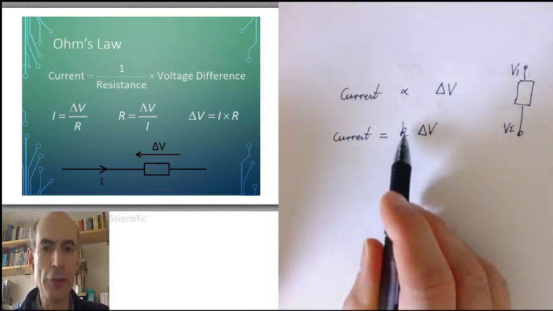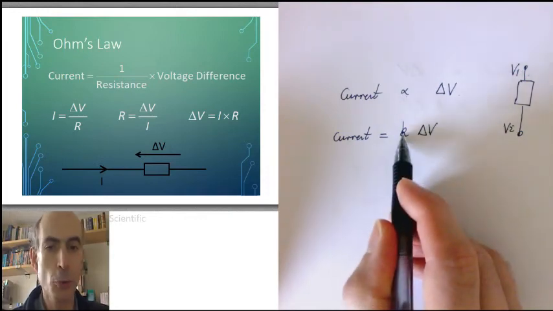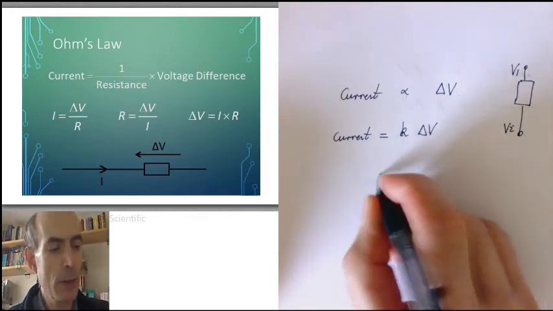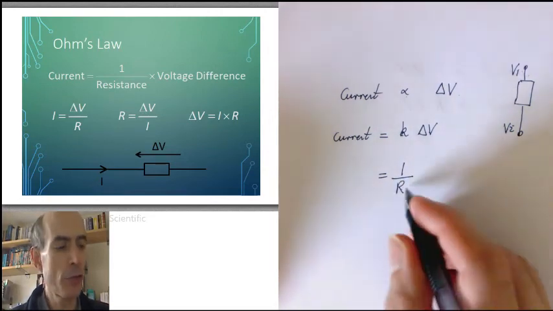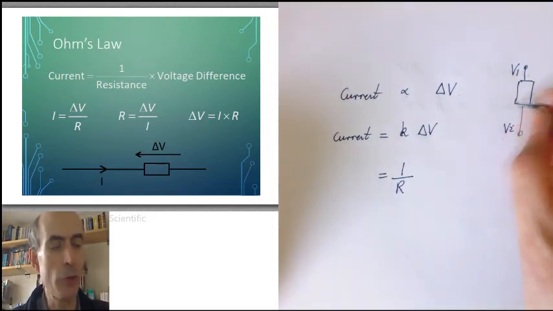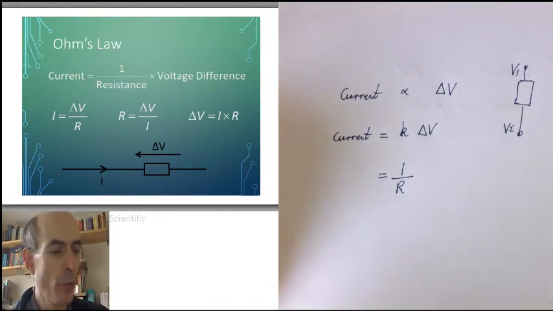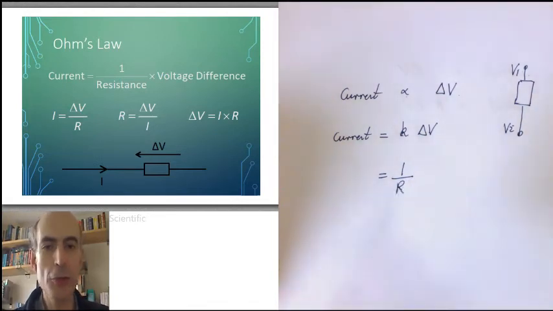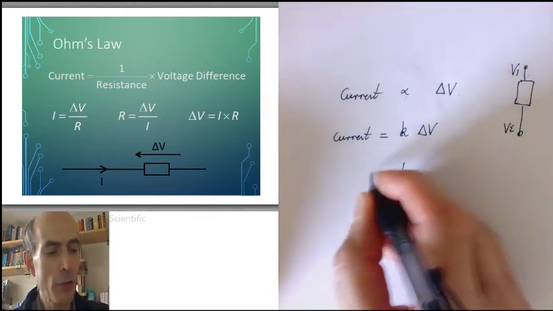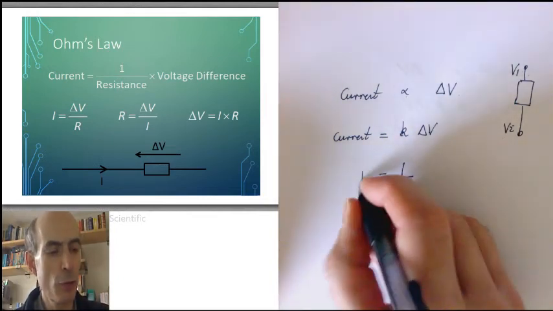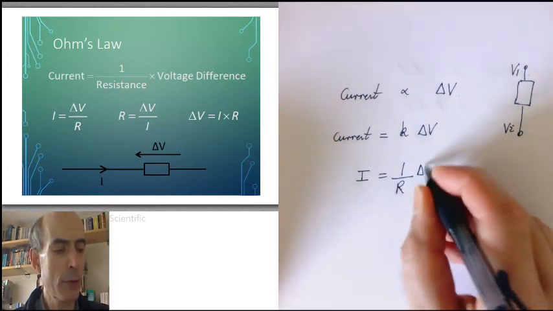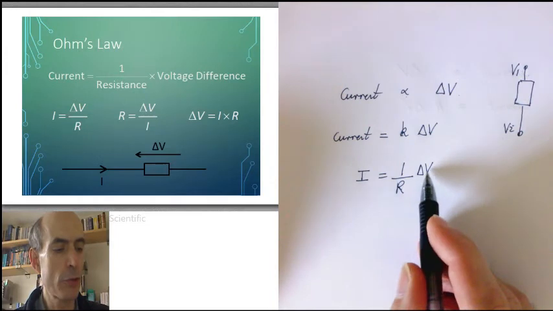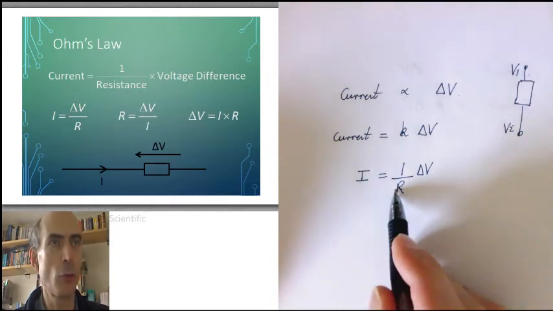For historical reasons, the constant of proportionality in Ohm's law is 1 over R, where R is the resistance of the component. And in honour of Ohm, the units of resistance are ohms. Rather than writing current, we usually use an I for current, and voltage difference and resistance in this form.